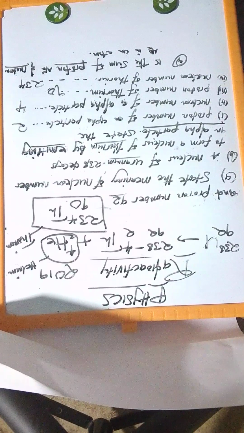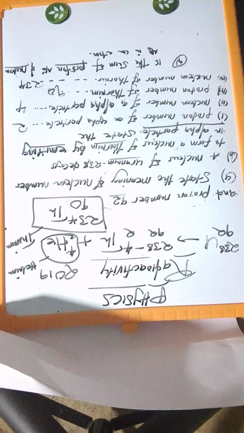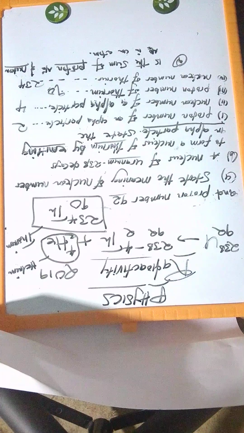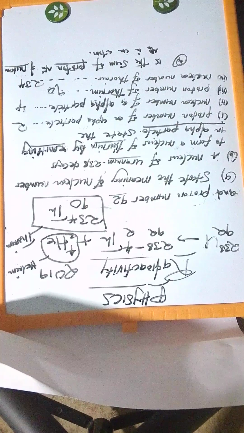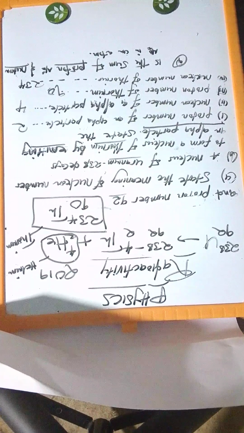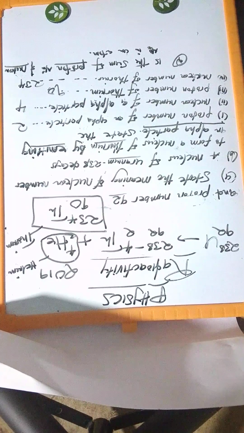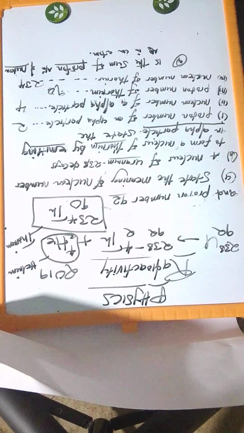So this is what the question was demanding us to do, and this is how we can apply the alpha decay. So always, whenever we are solving this type of question, we need to bear in mind that the type of radiation mentioned will guide us in how to come up with the mass number and the proton number.